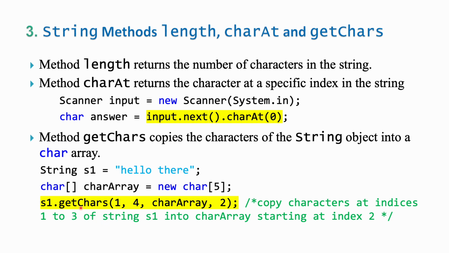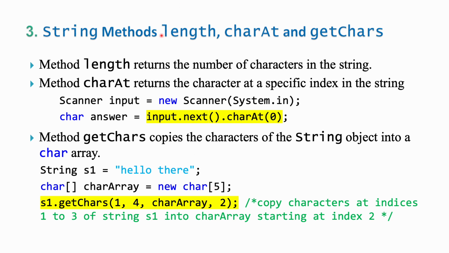Before calling getChars, we need to specify the char array that will be the destination of the copying. For that purpose, here we declare variable charArray as an array of 5 characters.